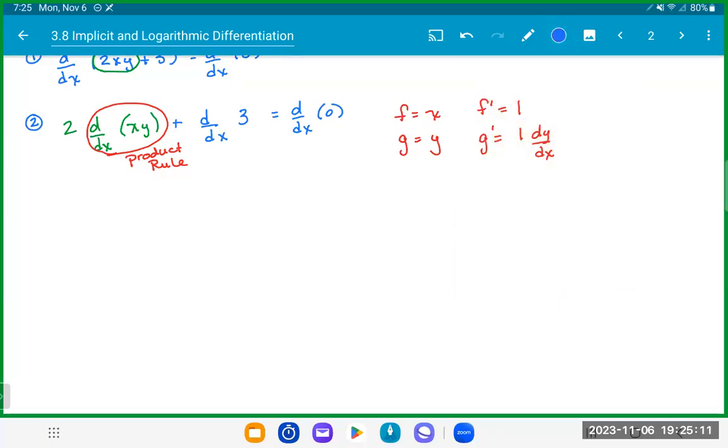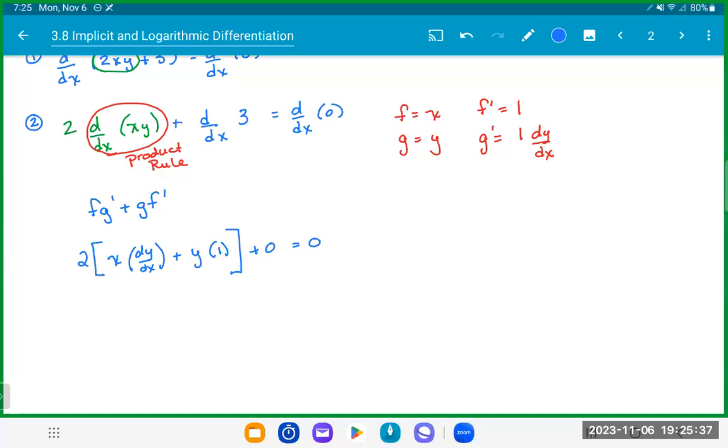So now using our product rule, fg prime plus gf prime, we're going to end up with 2x dy dx plus y times 1 plus 0 is equal to 0.